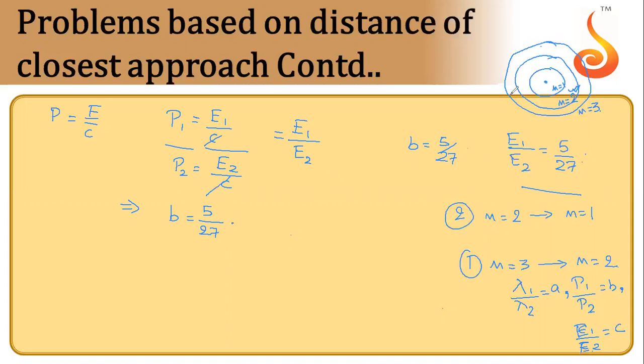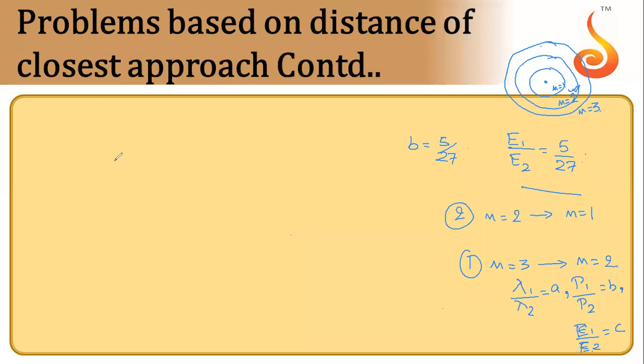Next, what is the relationship between wavelengths? Now we know energy is hc by lambda. So E1 we can write as hc by lambda 1, or we can say lambda 1 will be hc by E1. Similarly, lambda 2 will be hc by E2.